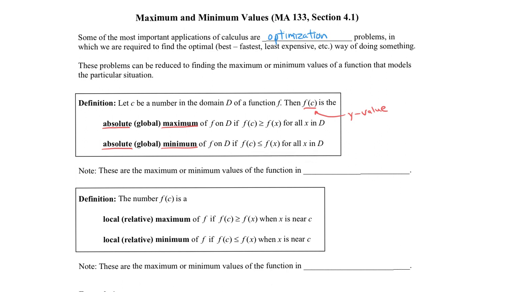Absolute maximum and absolute minimum are also referred to as extreme values, which makes sense because they are the largest and the smallest values the function takes on in the entire domain. That's basically what the note says here. These are the maximum or minimum values of the function in the entire domain.